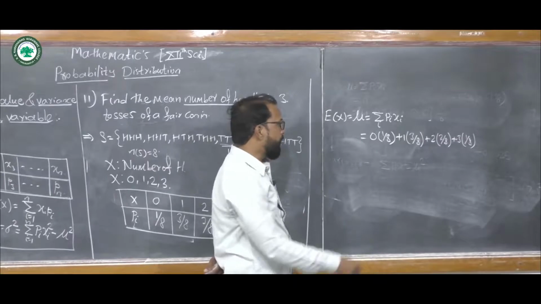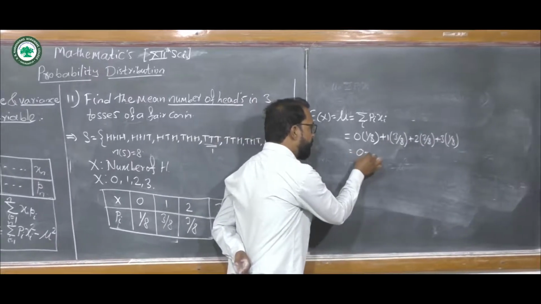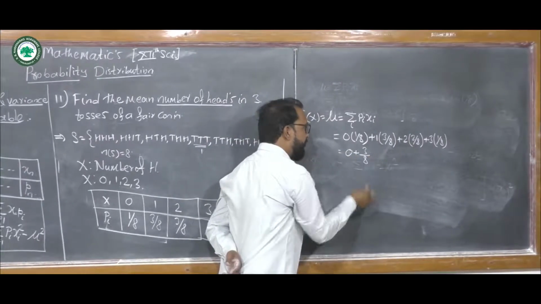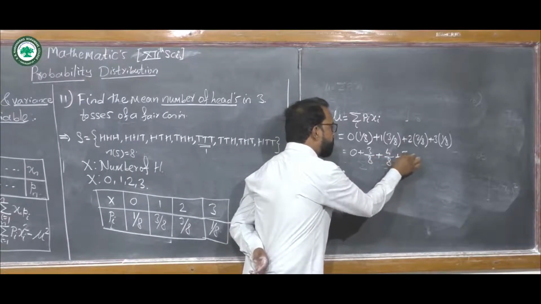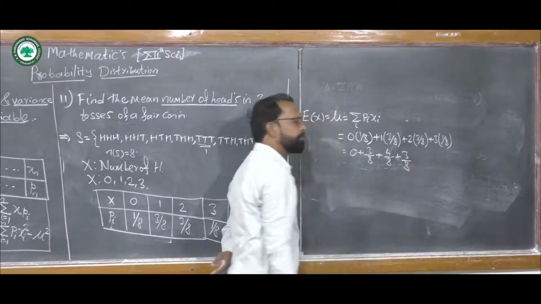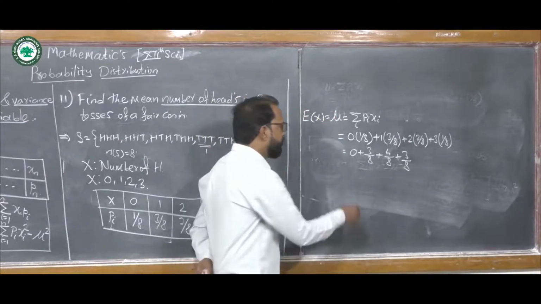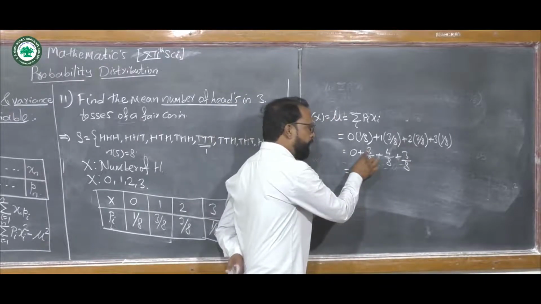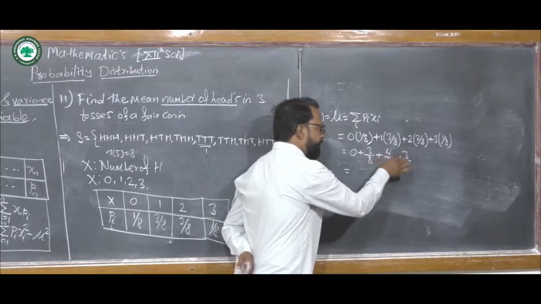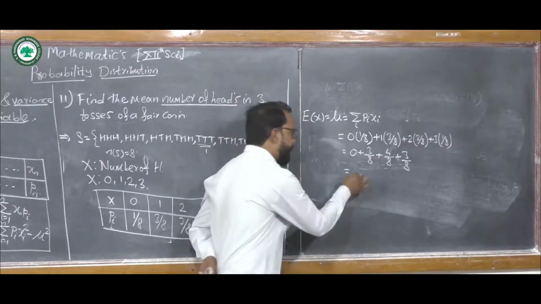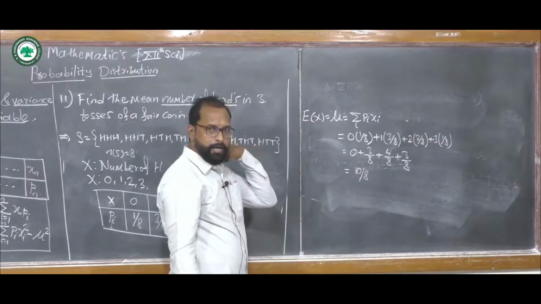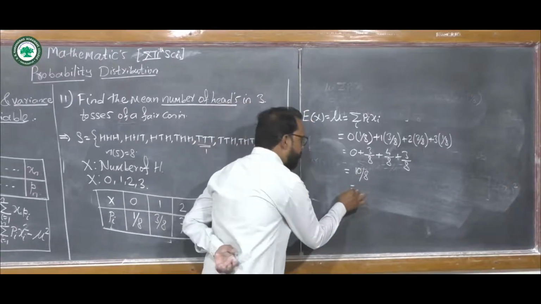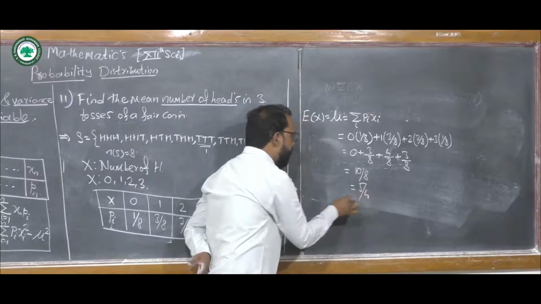Taking these products, it becomes 0 plus 3 by 8 plus 6 by 8 plus 3 by 8. Now taking the addition, 3 plus 6 is 9, 9 plus 3 is 12 by 8, that is 3 by 2.